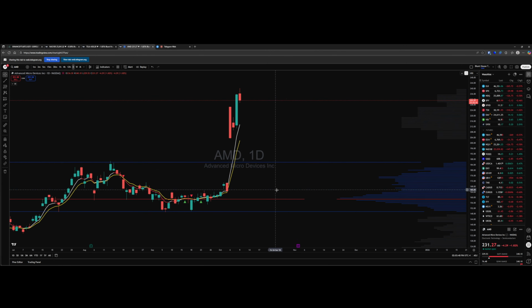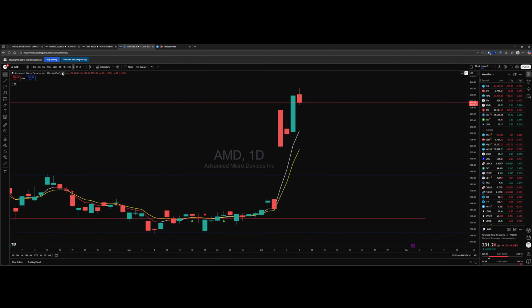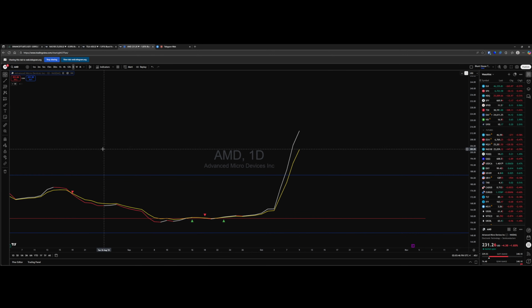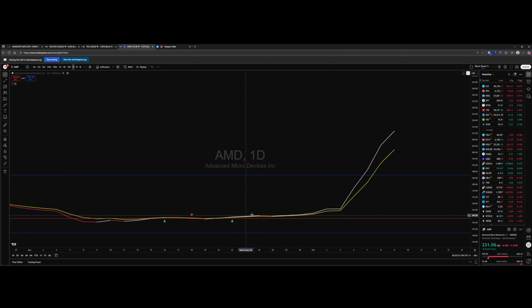Here's AMD as an example. I'm actually going to take these candles off because I just want to show you quickly. Here's your signal. Try and blow this up. Here's your signal. And you can see that my belief is that they were squeaking in some trades here quietly, and they got away with it for a long time.